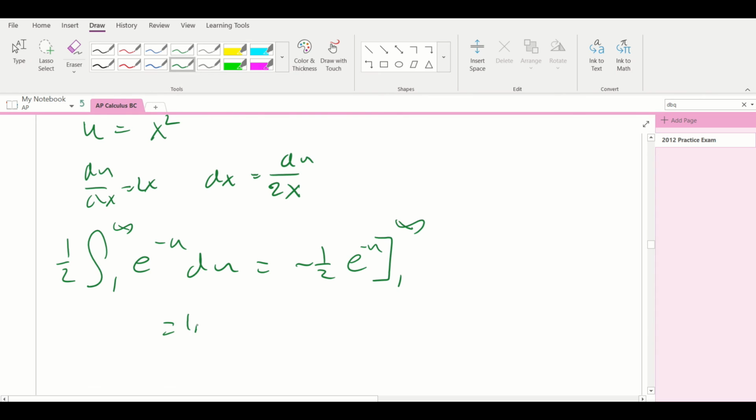So this is negative 1/2 times the limit as n reaches infinity of e to the power of negative u minus e to the power of negative 1. Well, this is just 1 over e to the power of u, so this is 0, because this becomes infinitely large. So this just becomes a positive 1 over 2e.